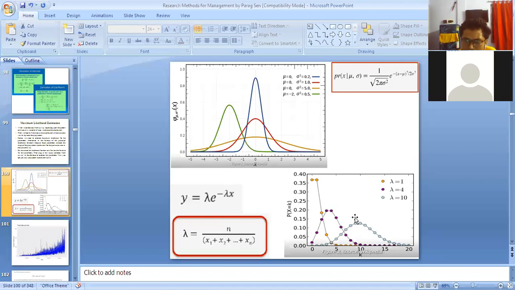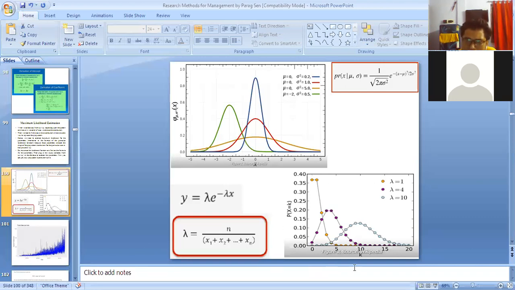But after determining that, suppose you have understood that your data is suitable for the exponential distribution, you don't know what kind of exponential distribution is best fit for your data.